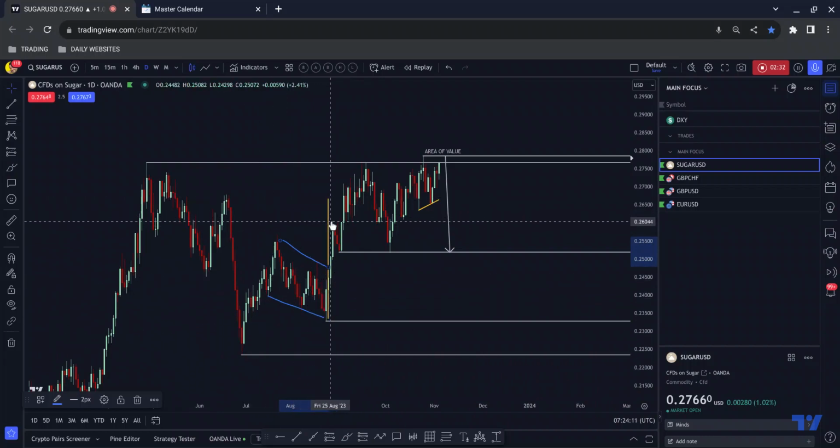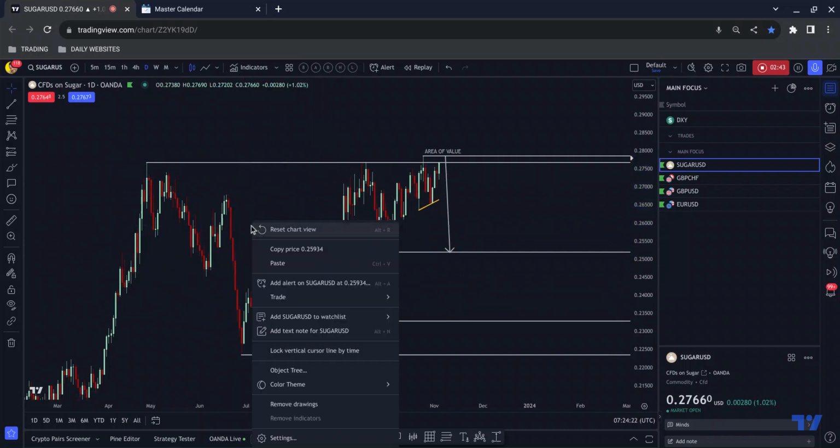So we measure it from the break of the middle section as well, the correction if you will. That would take us up to here, which would potentially be the completion of that impulse correction continuation.